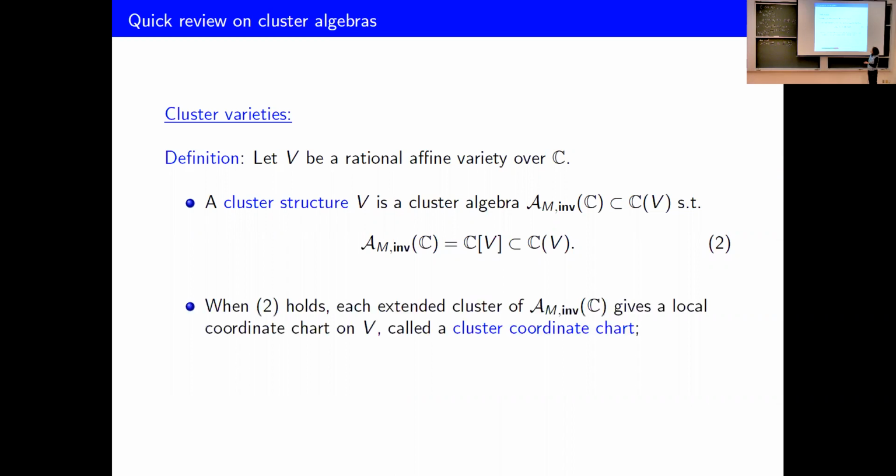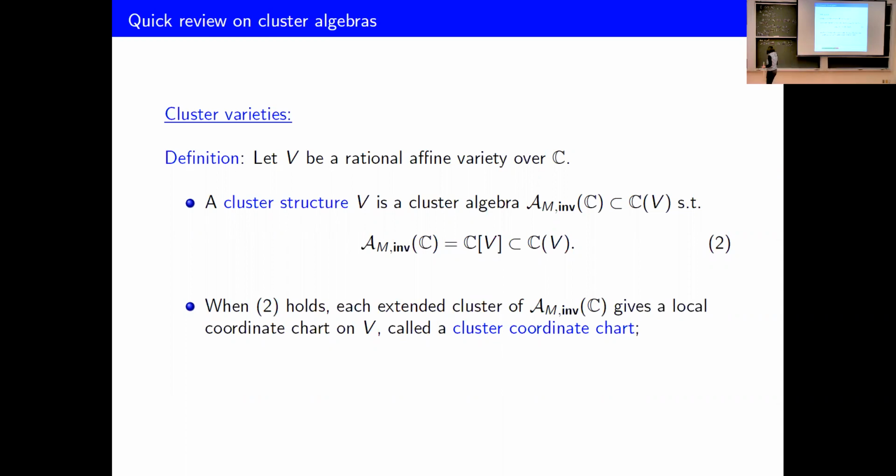Suppose you have a cluster structure. In the algebraic way, we talked about extended clusters. Now we think of them as coordinate charts on the variety. Instead of saying I have free generators for the field of rational functions, I say that I have a coordinate chart. This is geometrical, and it's much easier to think this way. These are called cluster coordinate charts.